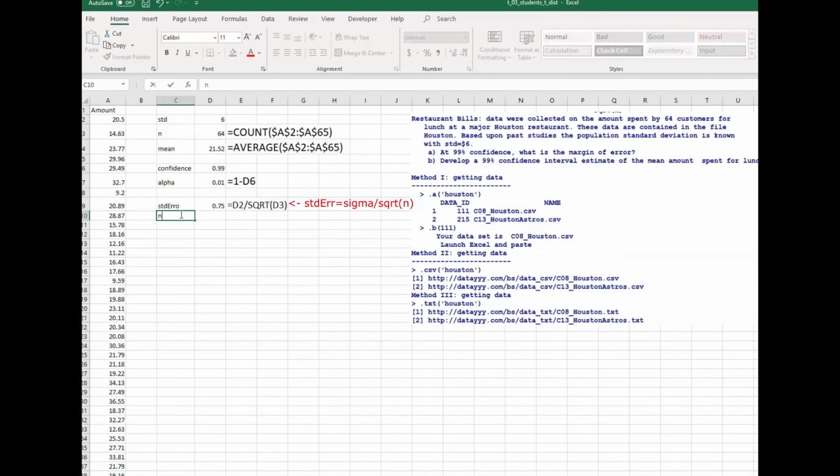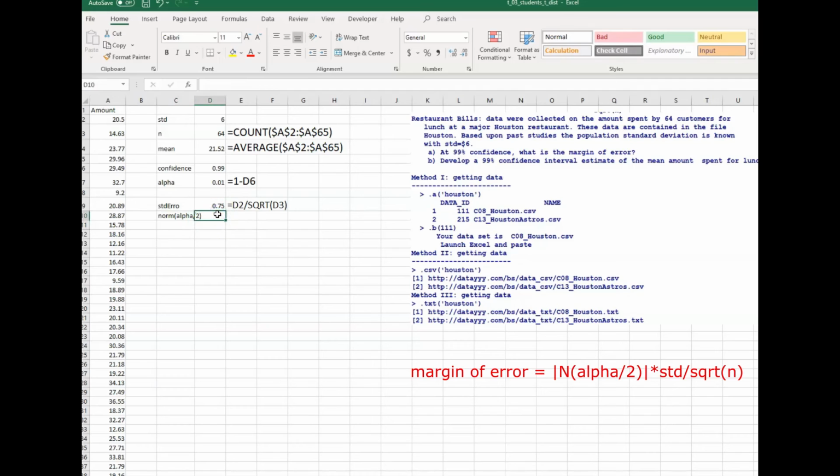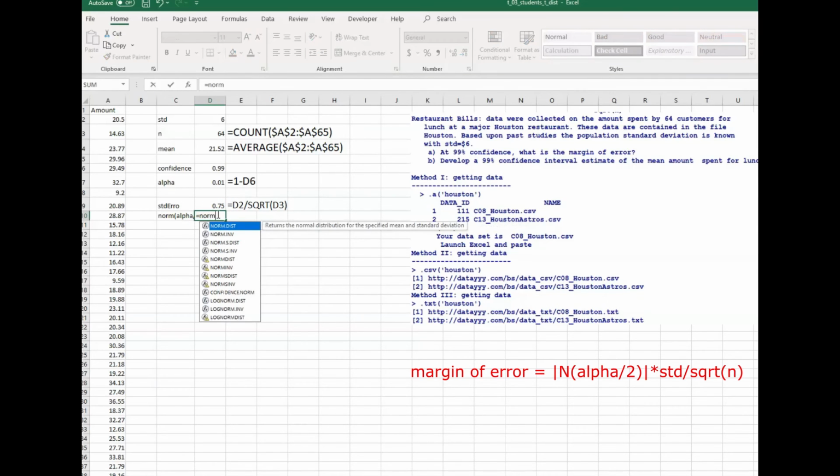So let's look at norm. This is norm, so alpha divided by 2. Again, I mentioned alpha divided by 2. So this is NORM.S.DIST, the first one is the z value, and we use inverse, NORM.S.INV, because we are given the probability.